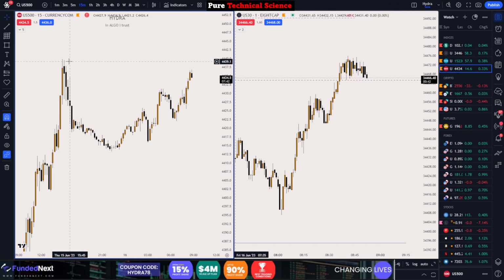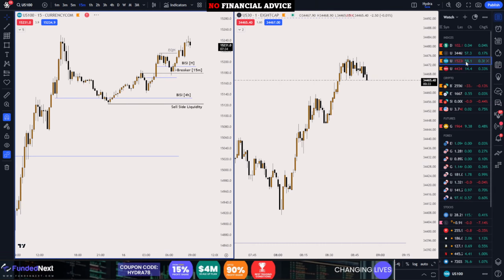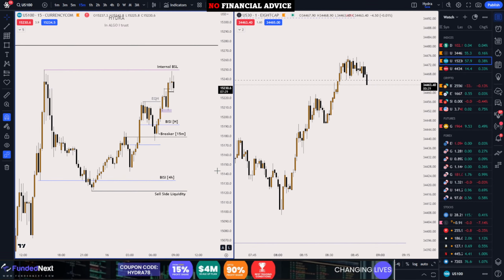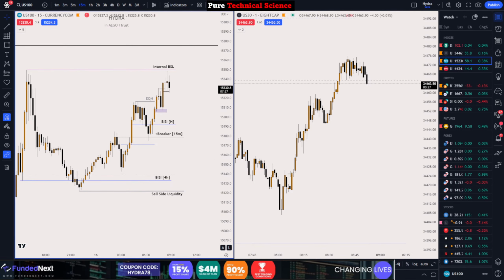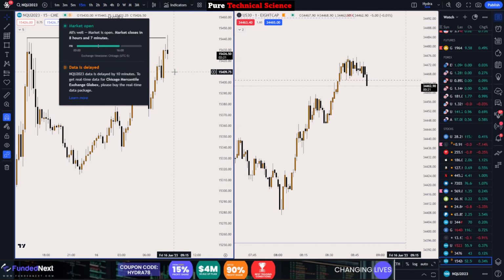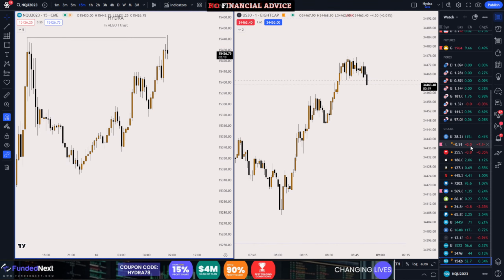It is a difference. Here I do see SMT, but on the futures chart I don't see SMT. Price cleared out the relative equal high here, right? Anyway, as I don't have the subscription on this chart, it's just a delayed chart. I'm not gonna use it.